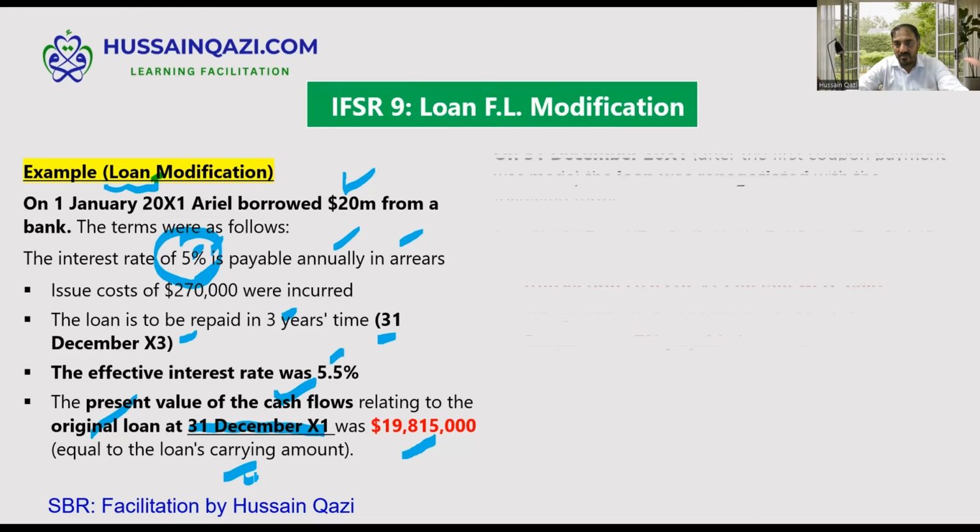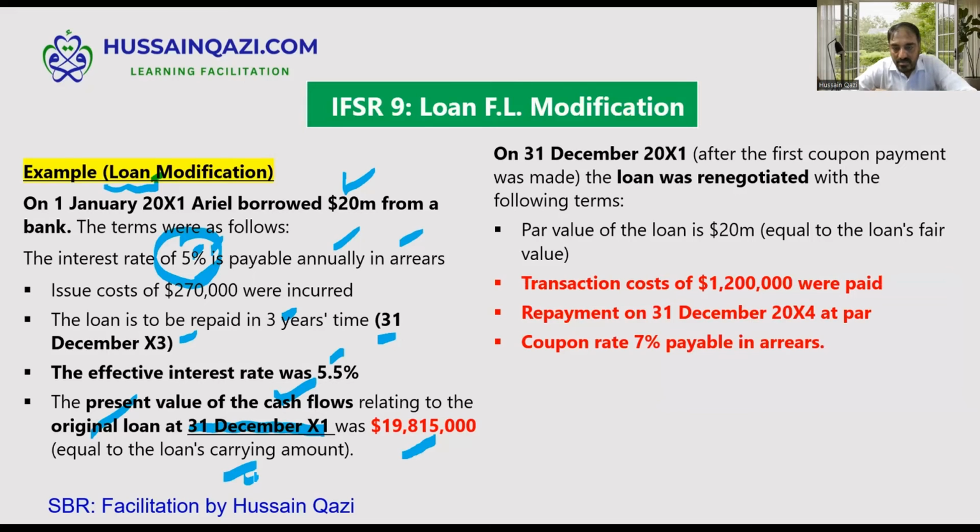It's not about loan modification. But read this. On 31st December X1, the same first year end, after the first coupon payment was made, the company has paid the interest at the original interest rate. The loan was renegotiated with the following terms. The new loan's present value is 20 million, equal to the loan's fair value.